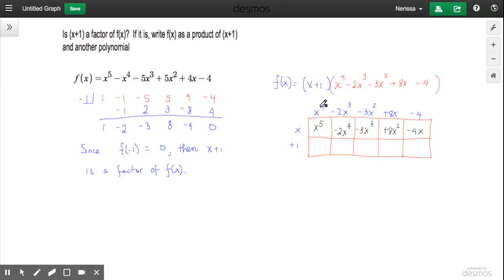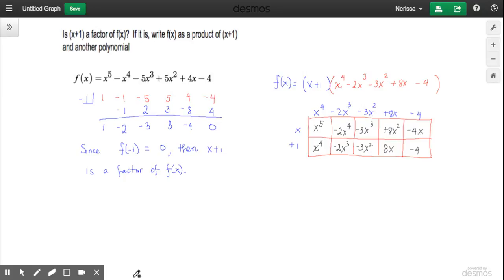Then here, 1 times x to the fourth is x to the fourth. 1 times negative 2x cubed is negative 2x cubed. 1 times negative 3x squared is negative 3x squared. 1 times 8x is 8x. And 1 times negative 4 is negative 4.